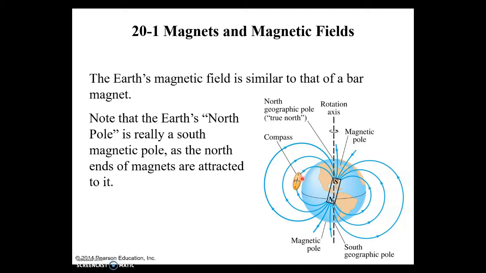And so when we say that the north pole of a magnet is attracted to the north pole, attracted means that they have to be opposite. Therefore, really, the north pole of the Earth would be the south pole of the Earth's magnetic field. Likewise, the north pole of the Earth's magnetic field is near the south pole. And that has to be the case so that our convention of north pole of a magnet pointing north will still hold.